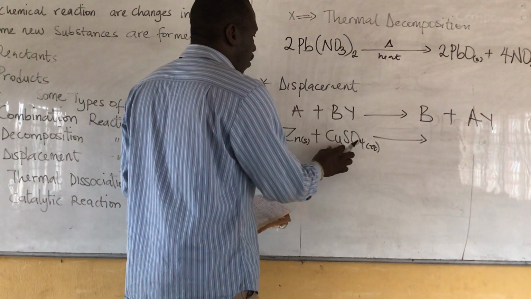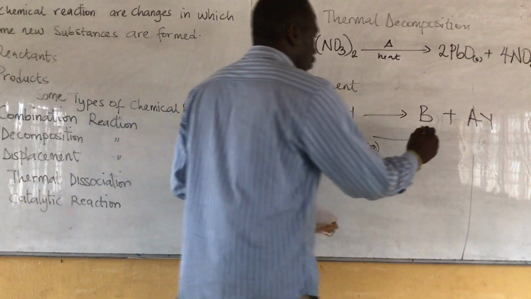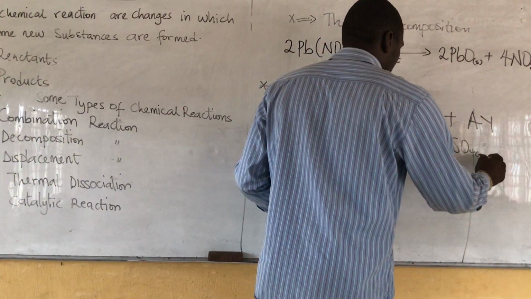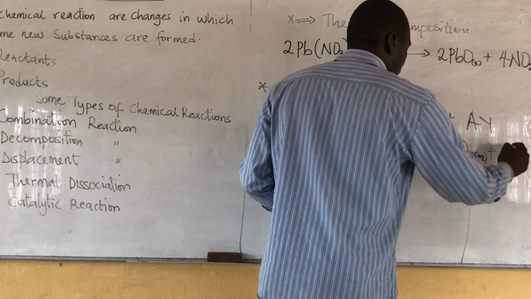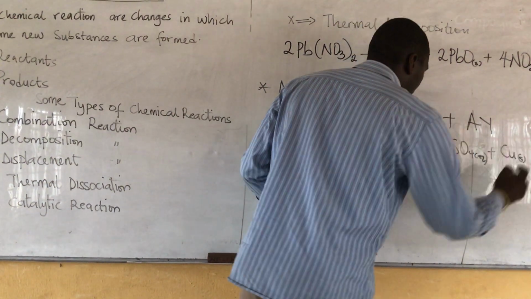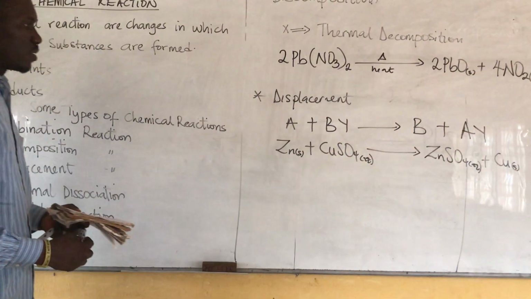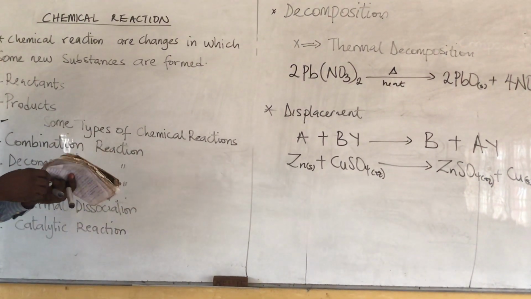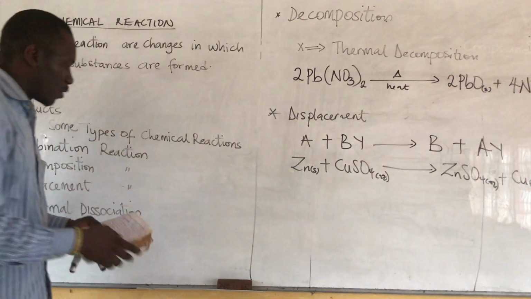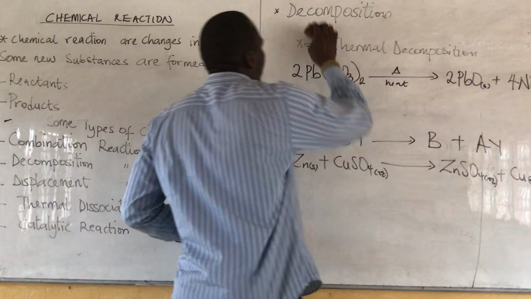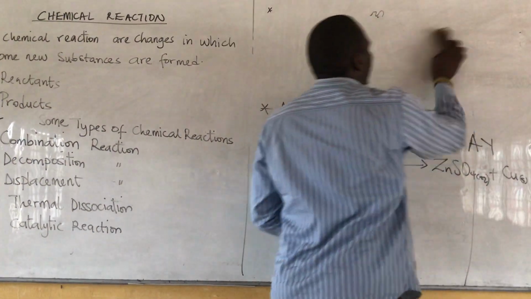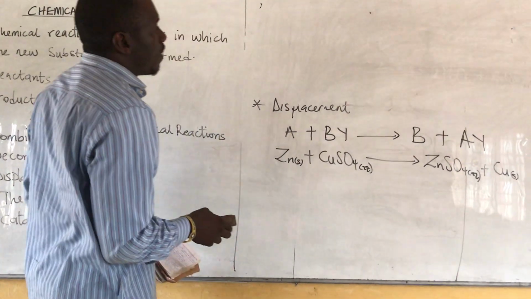Because zinc is higher than copper, it will displace it from here to form zinc sulfate plus copper. Displacement. So zinc has displaced copper out of its solution.